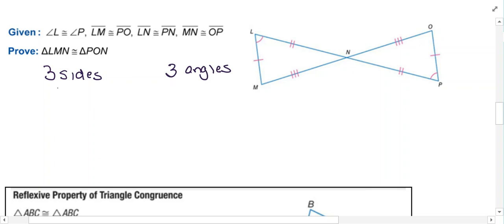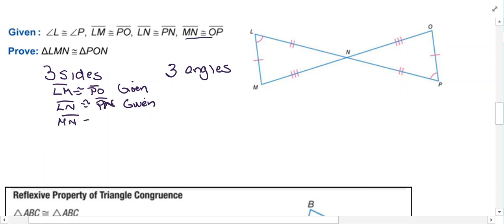I know that side LM is congruent to PO, and that was given to us. I know that LN is congruent to PN, and that was given. And lastly, I know that MN is congruent to OP. So I have all three sides congruent, and that was given to us.